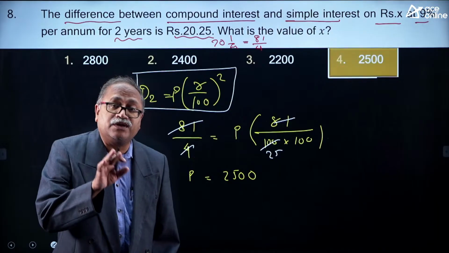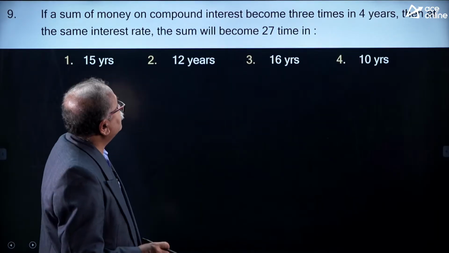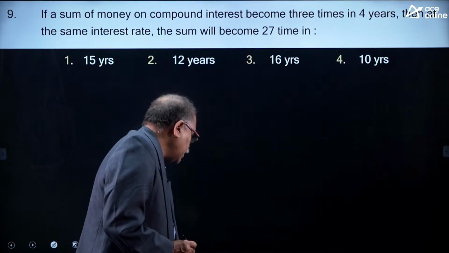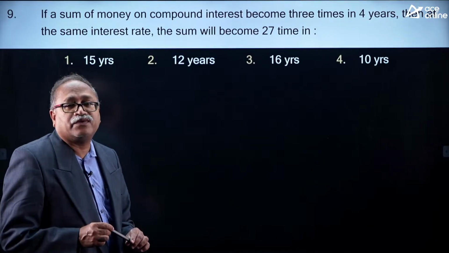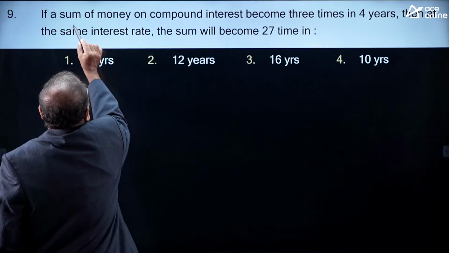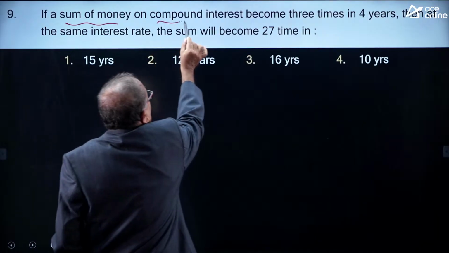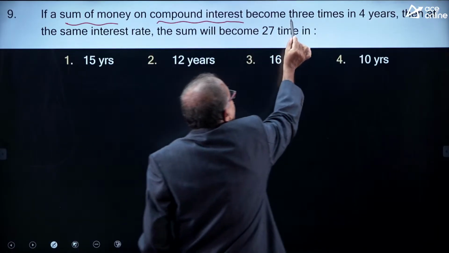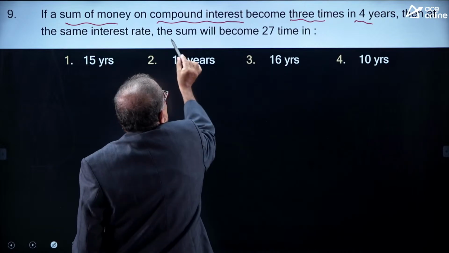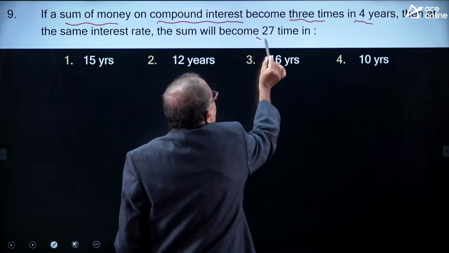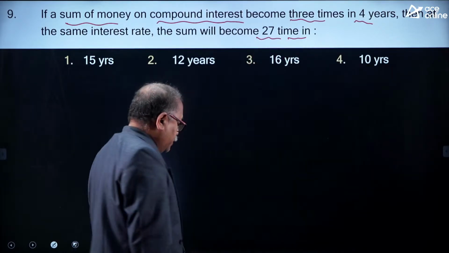Similarly, prepare for 3 years also, right. So, take the next question, and you know that this model is very common for all the examinations. A sum of money in compound interest becomes 3 times in 4 years, then in how many years will the sum become 27 times?